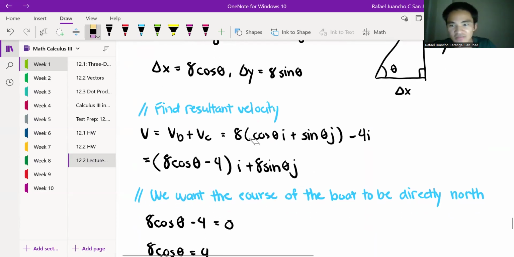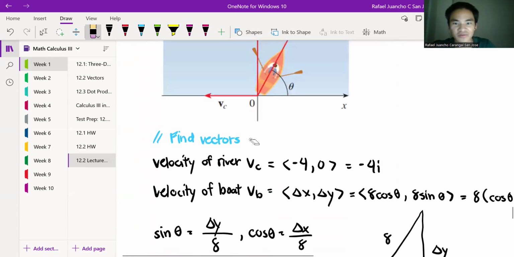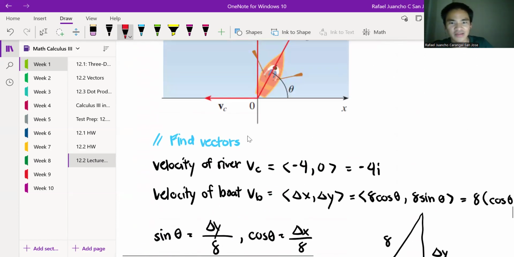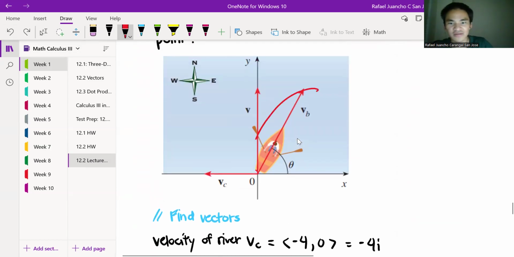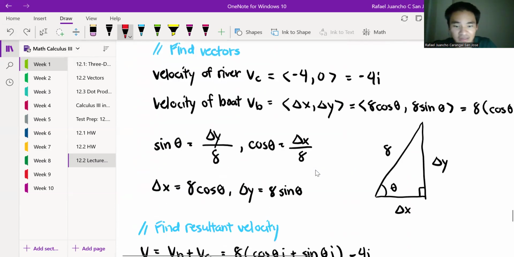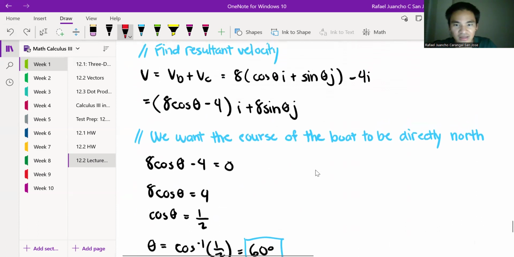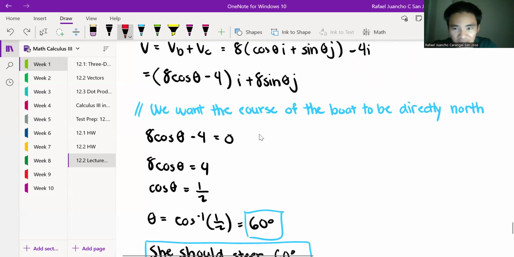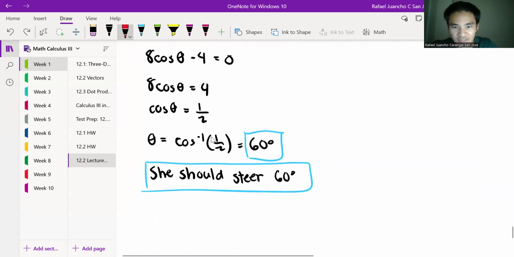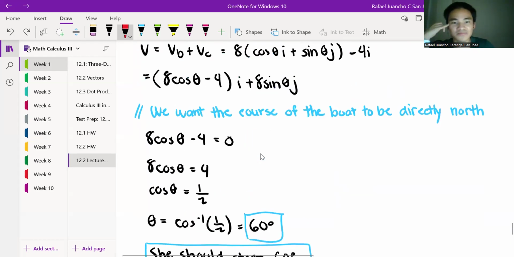And then to get the resultant velocity, you have to add both of these vectors. So you want to add this vector here and this vector here to basically get this one here, which is where she's actually going. And yeah, we just denoted it as ijk because we can do that. And the course of the boat is directly north, and we were able to get the angle, which was 60 degrees.